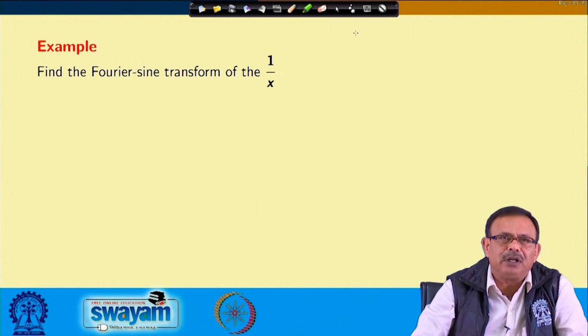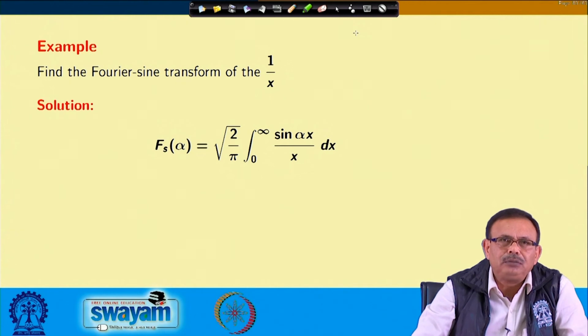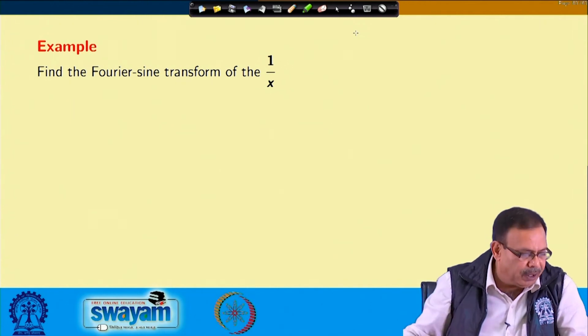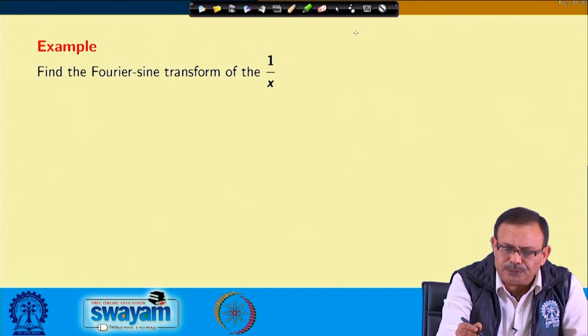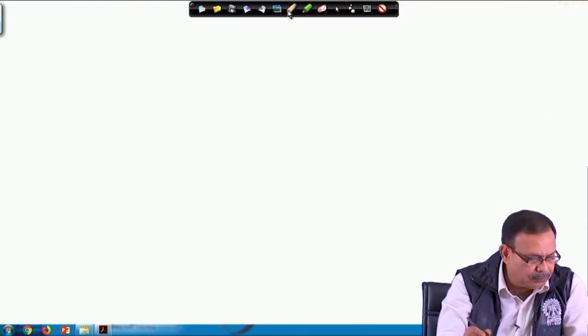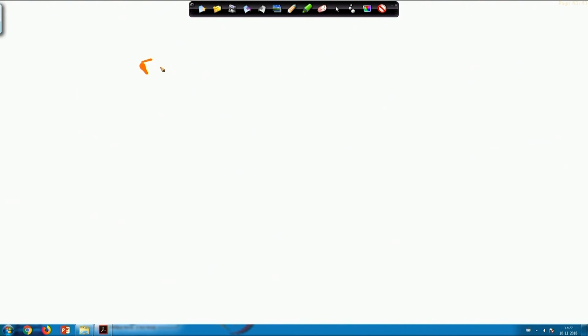Let us take another example. We want to find the Fourier sine transform of the function f x equals 1 by x. For this one, the Fourier sine transform of alpha equals root over 2 by pi, integral 0 to infinity sine of alpha x by x dx. Now I can substitute theta equals alpha x.